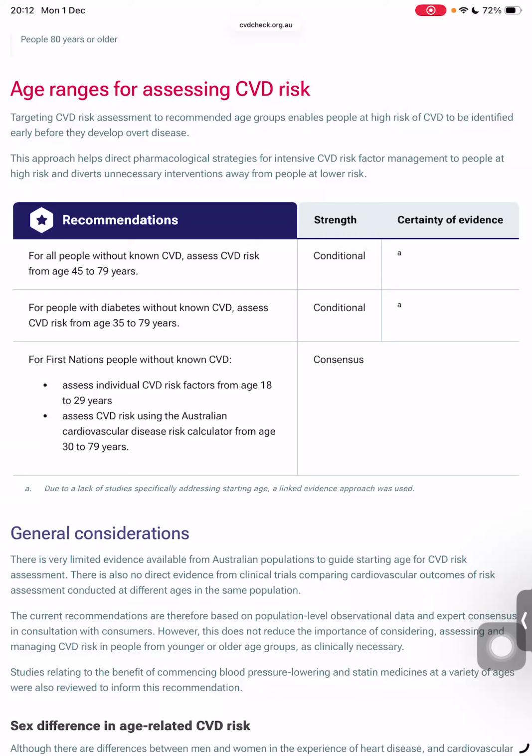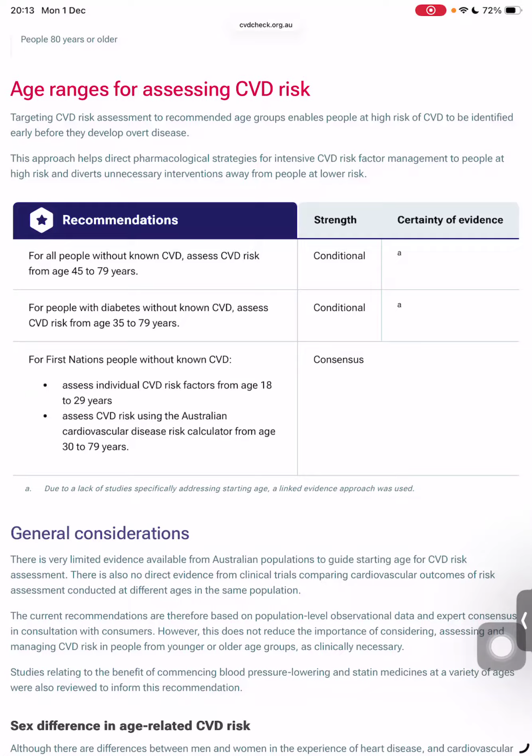For all, 45; if the patient has diabetes, 35. Then the third thing you have to remember, for First Nation people without known cardiovascular disease, assess individual cardiovascular risk factors from age 18 to 29.